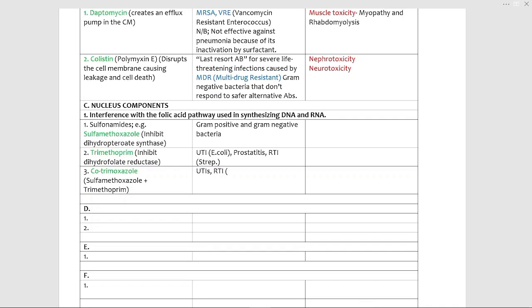If you do mycology, there's one fungus called Pneumocystis jirovecii. Is this the spelling? Pneumocystis jirovecii pneumonia.